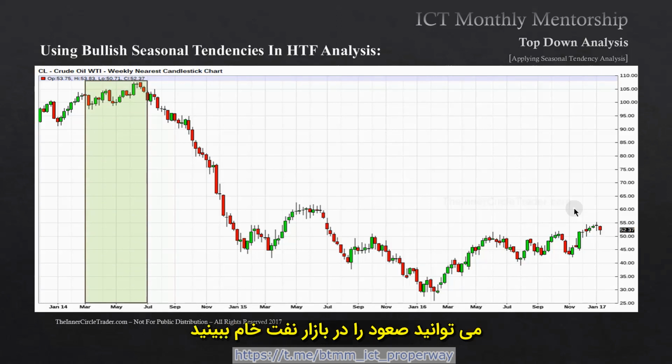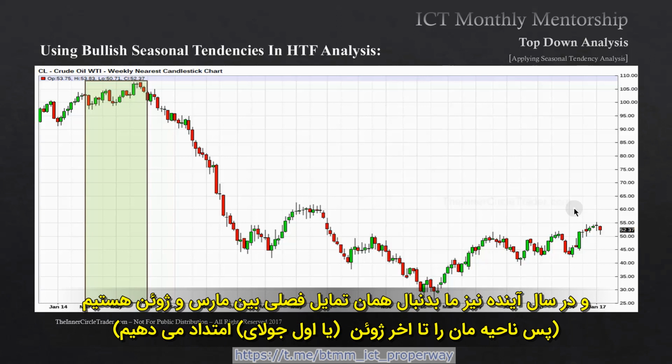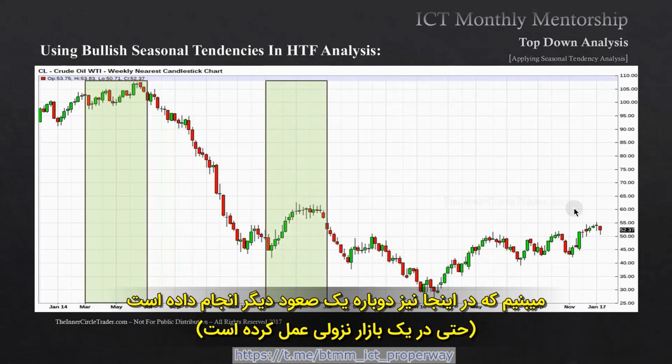And you can see the rally in the crude oil market right when it made its high in the 2014 time period. And the next year, we'd be looking for the same seasonal tendency between March and June, all the way up into the 1st of July. We can see it again here, it rallies once more. Even in a bear market, it's still there.